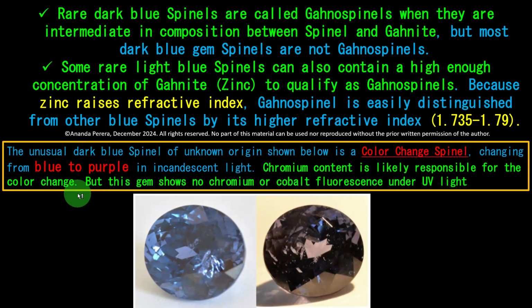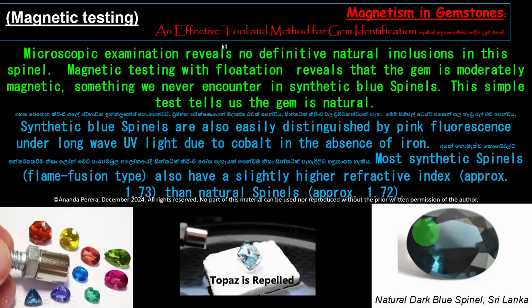But this gem shows no chromium or cobalt fluorescence under UV light. Under UV light, it is not showing the red color because this gem shows no chromium or cobalt. Remember that also.